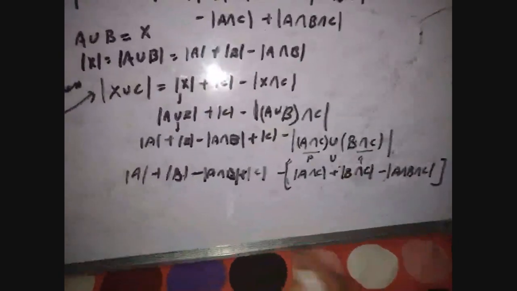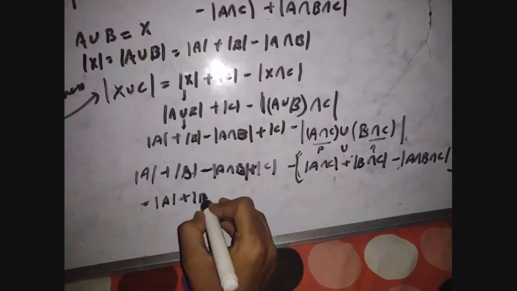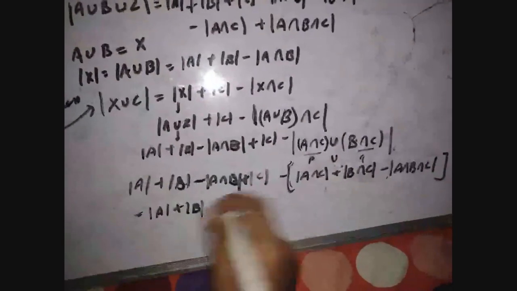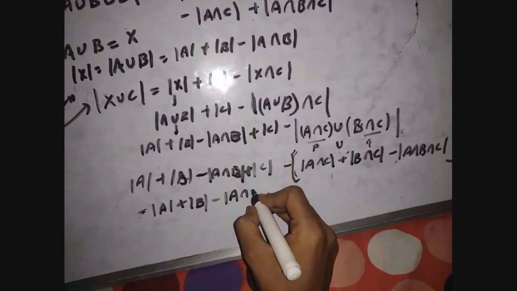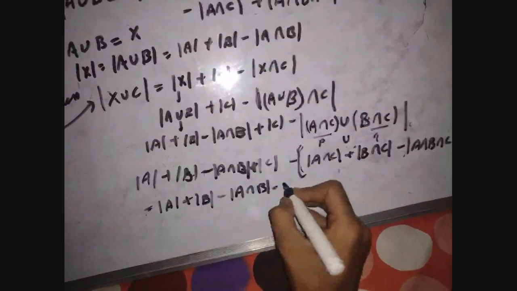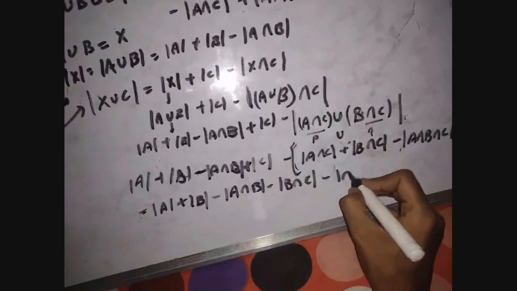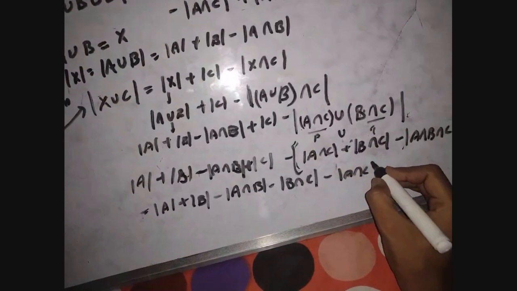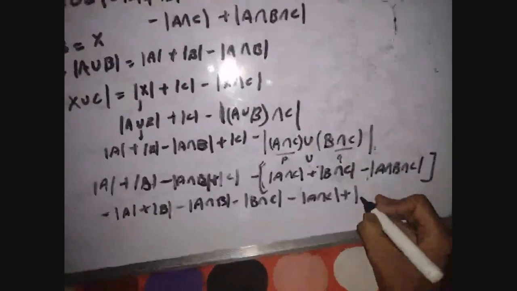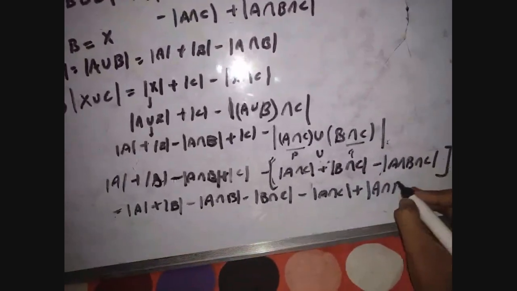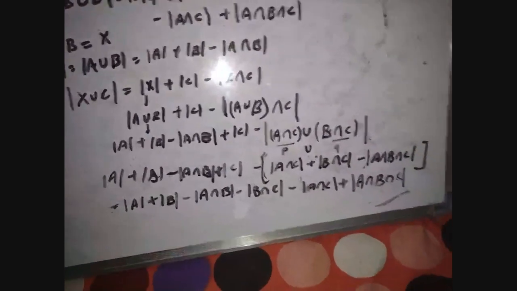It is equal to cardinality of A plus cardinality of B. Now I am just rearranging and writing it more beautifully: minus cardinality of A intersection B, minus cardinality of B intersection C, minus cardinality of A intersection C, and this minus becomes a plus, so plus cardinality of A intersection B intersection C. Okay, I think we have proved it.